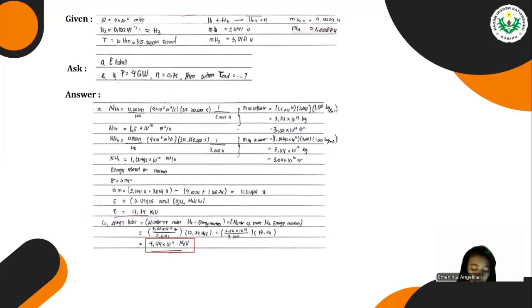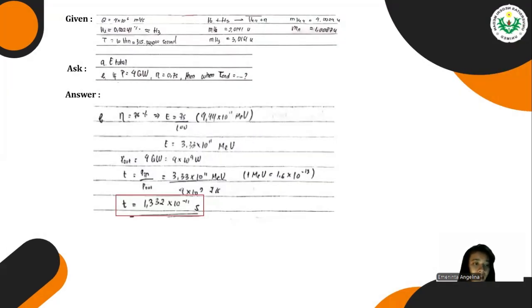So the energy total from the equation of number of moles H2 minus energy reaction plus number of moles H3 energy reaction, we get the energy total is equal to 4.44 times 10 to the power of 11 megavolt.